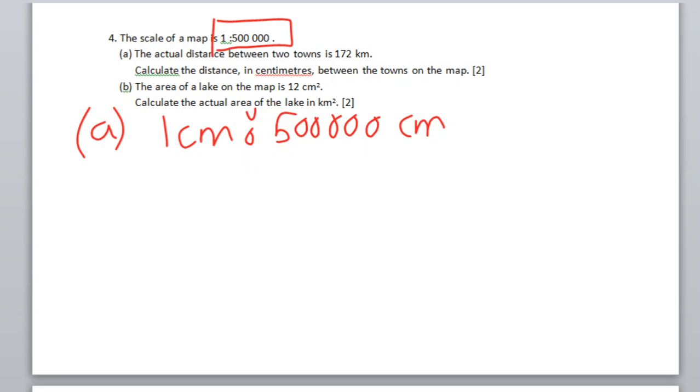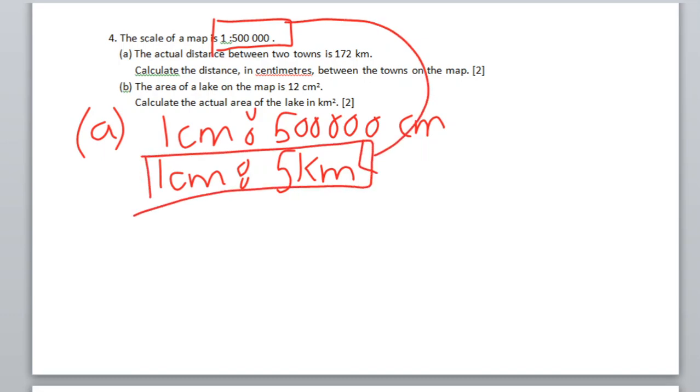So I need to change this ratio that has the same units into a ratio connecting centimeters and kilometers. For that, I may just change this into 1 centimeter ratio 5 kilometers, right? Because 500,000 centimeters is actually 5 kilometers, as you divide it by 100,000. So I've transformed the scale.